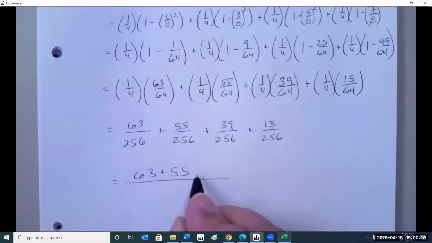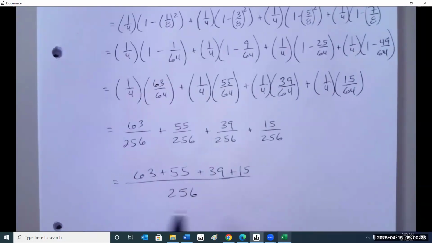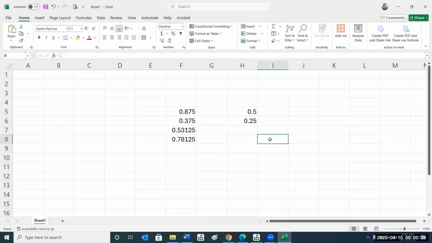Adding 63 plus 55 plus 39 plus 15 gives 172/256. And the area is 0.6718.